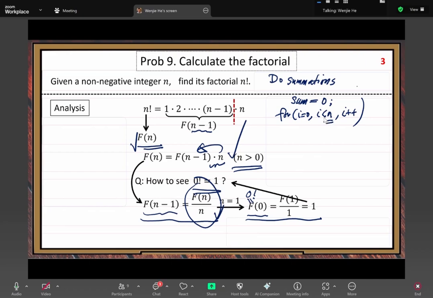Because the last element in the array is a of n minus 1, not a of n, if the array size is n. Then, when you do the summation, you write sum equals sum plus A of i. That's how you typically do a summation, right? This is our first experience.